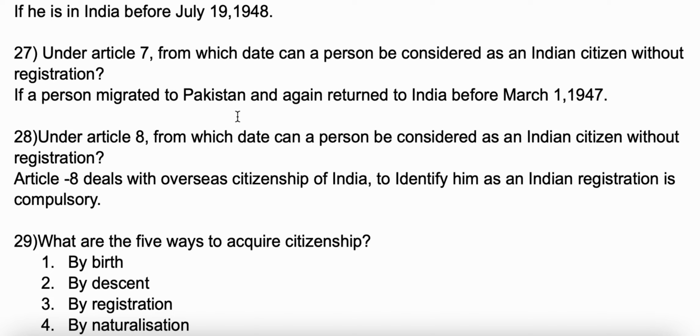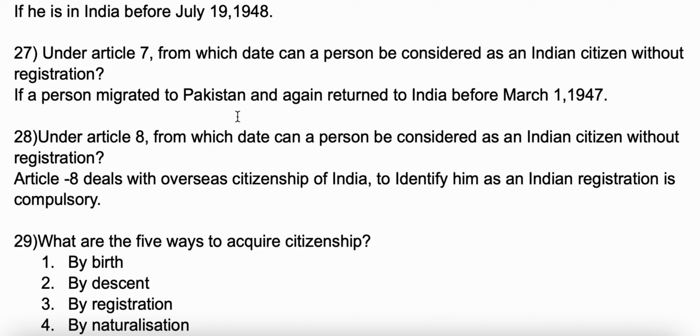Under Article 6, it is July 19, 1948. A person can become a citizen of India without any registration if he returns to India before July 19, 1948. And under Article 7, if I returned to India before March 1st, 1947, then without any registration I will become a citizen of India.